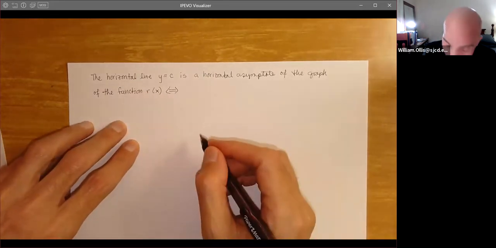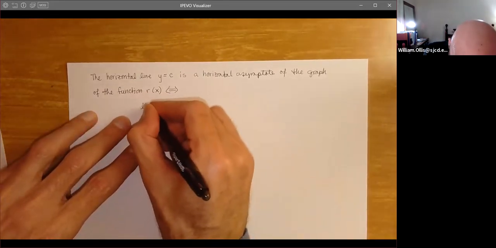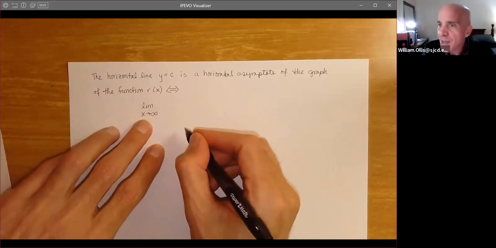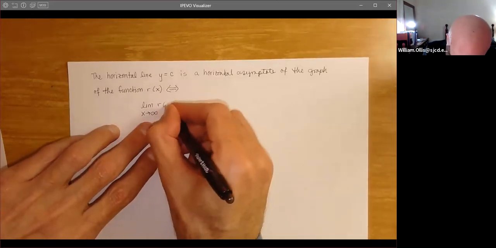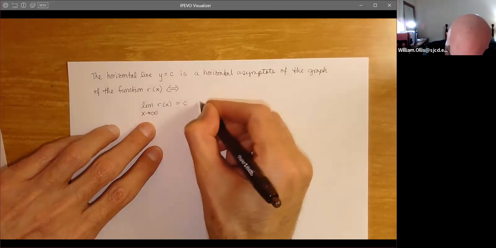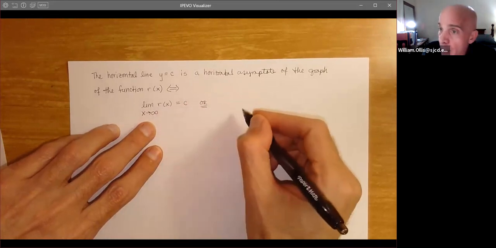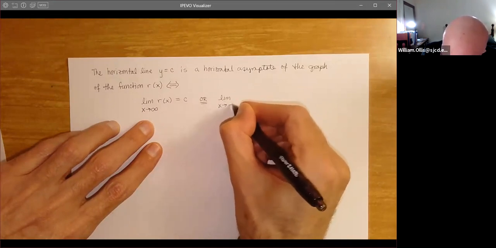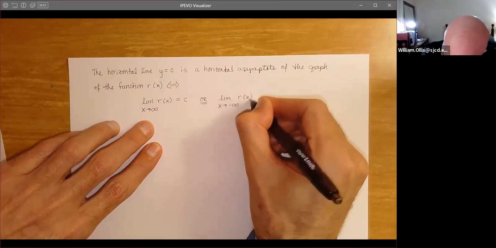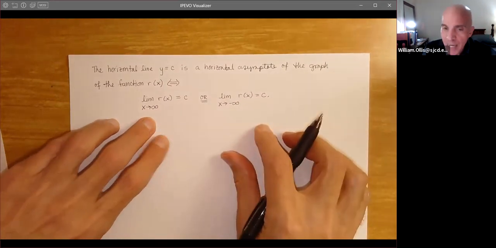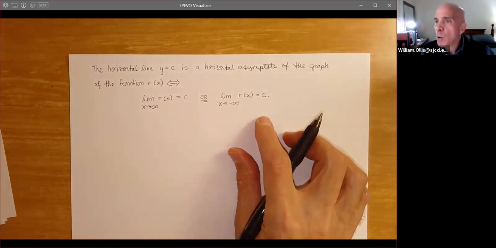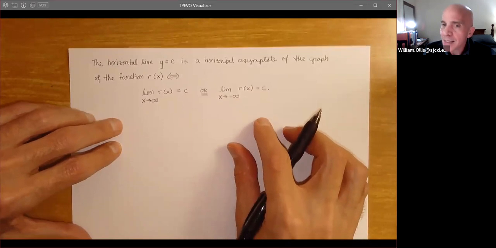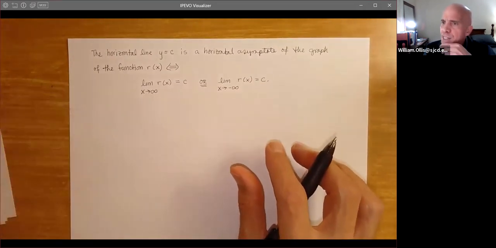We have two more limit ideas. That is, we can say the limit as x approaches infinity, that is, now the values of x will get arbitrarily large, of R of x equals c, or, and this is an inclusive or, one or the other or both, the limit as x approaches negative infinity of R of x is also c. So in most cases, both of these will be occurring, but you only need one to have a horizontal asymptote. So the idea is, okay, isn't this interesting?